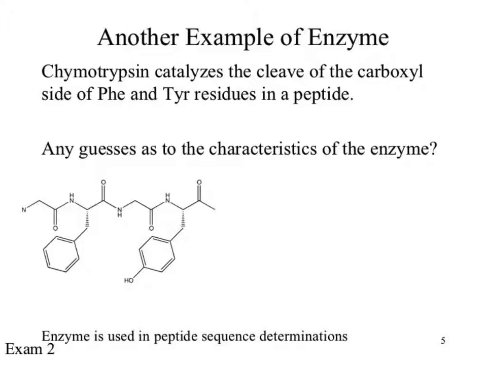So where's the carboxyl side for each of those? Okay, so the dash connects up. That's our carbon. Carbon. What else would we have? Oh, we've got the carboxyl side over here. What else do we have? The amine side there. Where's our enzyme going to cleave?